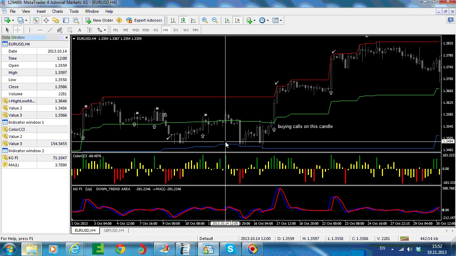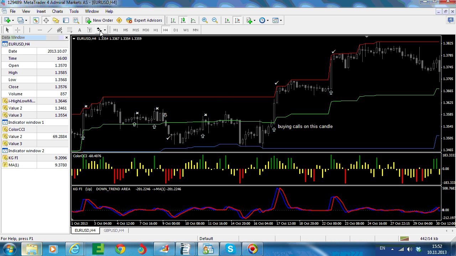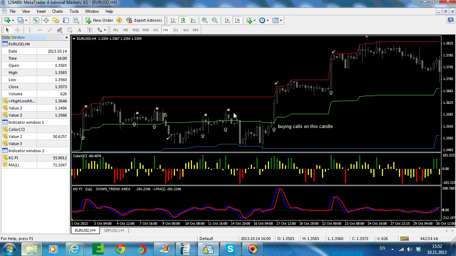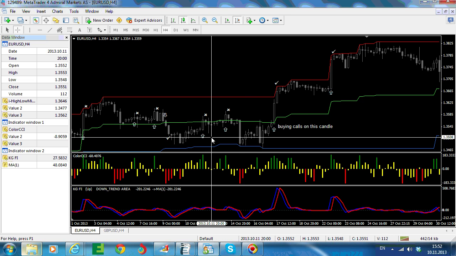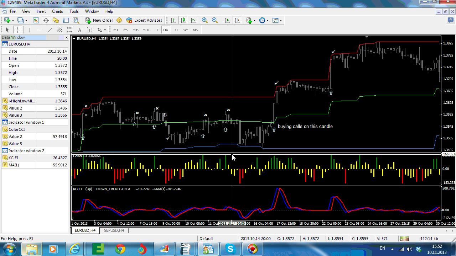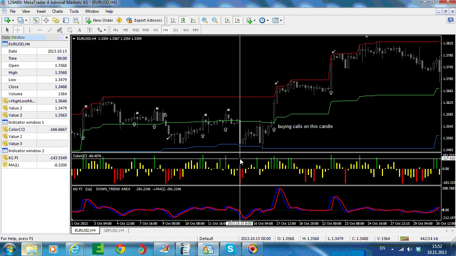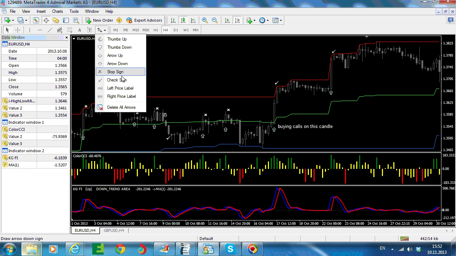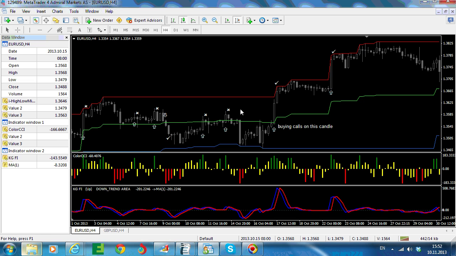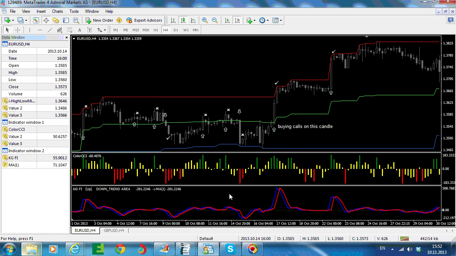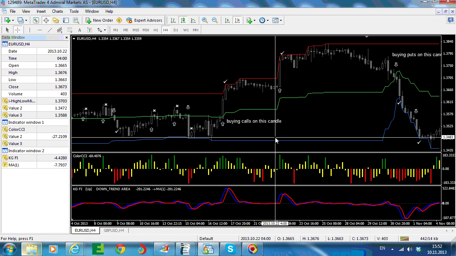This one is a valid signal from my point of view, so normally we should buy calls here with expiration being the very next candle, and this is a loser as well. So not a pretty picture here. This one should be a buy puts to the downside, and the expiration is this one, so a loser again.